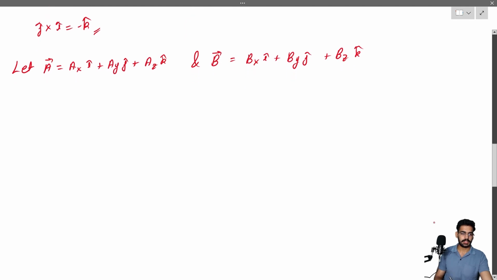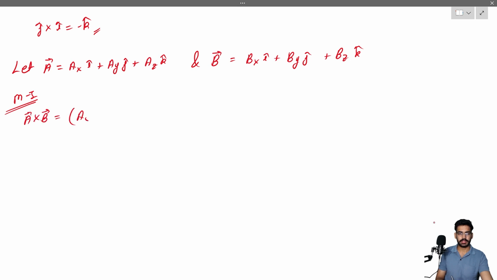Just simple, do the cross product. How? Method 1 we are learning: a cross b, which is ax i cap plus ay j cap plus az k cap, crossed with bx i cap plus by j cap plus bz k cap.